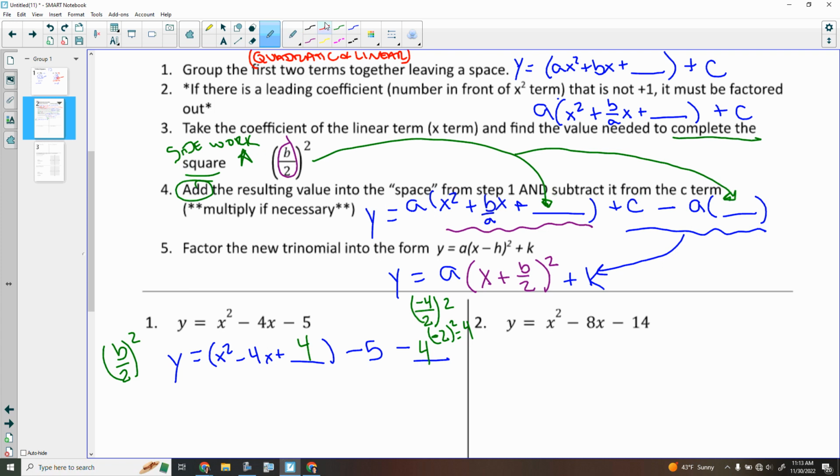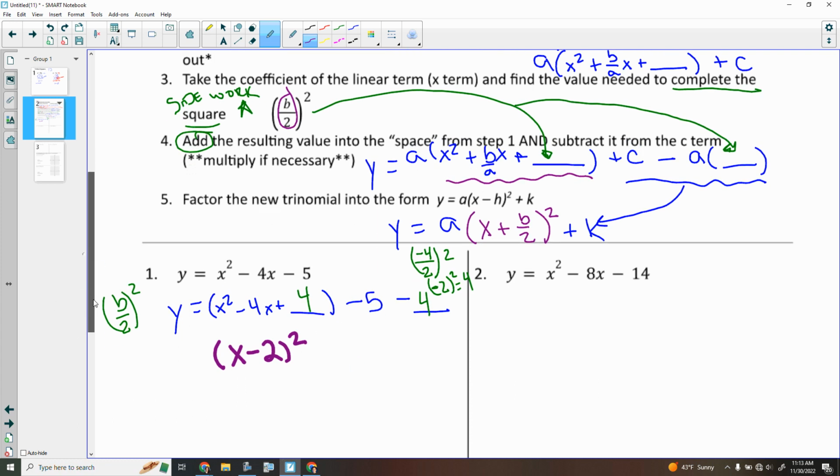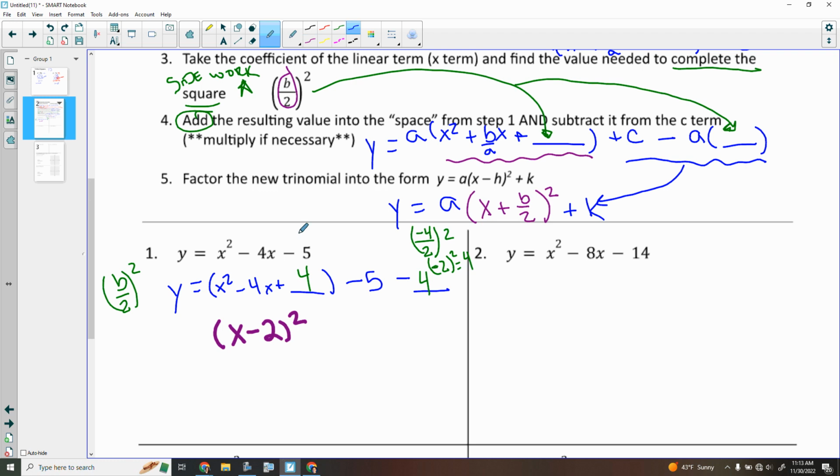Now, let's simplify this down. The x squared minus 4x plus 4 becomes a perfect square of x minus 2 squared. And again, we can take that from the idea of our algebra tiles. If I have -4x, I have 2 x's on the side there and 2 down below here.